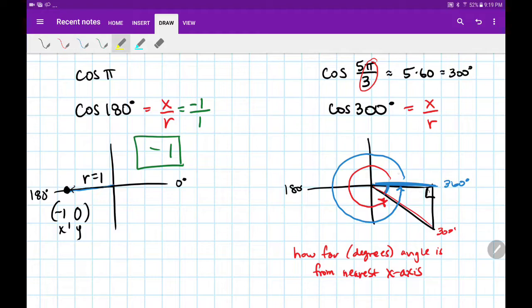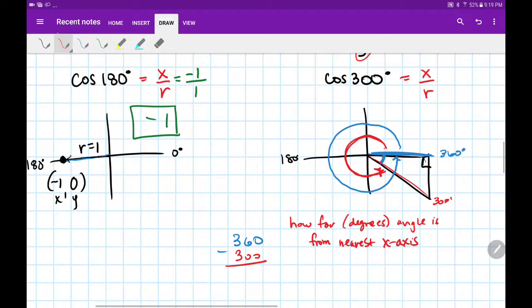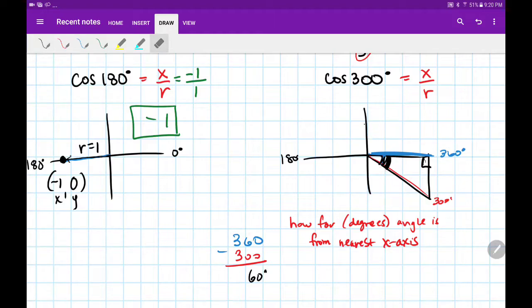So I'm actually interested in doing the bigger angle, which is 360, minus the smaller angle, which is 300. And if I do that subtraction, my answer, 60 degrees, that'll be the difference, the leftover between them. And that's exactly what we need to find, is that reference angle. So by doing our subtraction, we realize that our reference angle is actually 60 degrees.